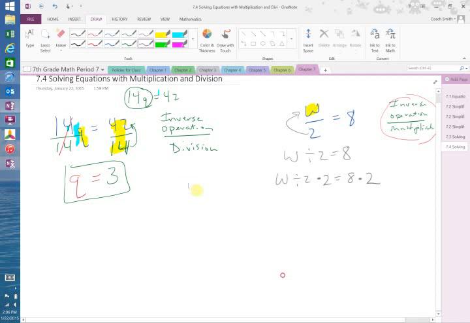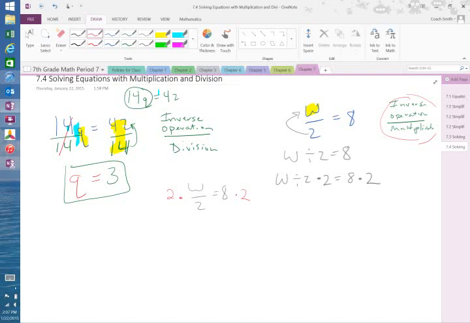Or I can show it this way. I can multiply both sides by 2 because I'm dividing by 2. Either way is fine. This way here, W division sign 2 times 2 equal 8 times 2, that's the way we did it last year in 6th grade. This is the way eventually that you need to look at it, be able to see it, and do it that way, because this is the way they're going to list your problems.